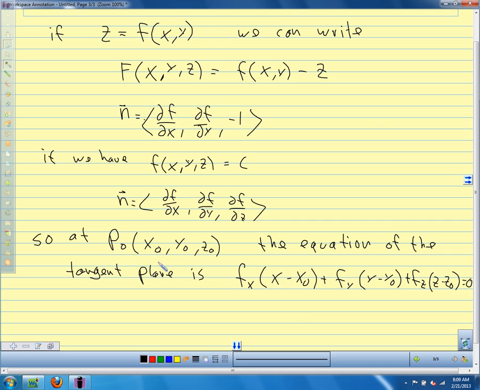So if we have a point, we can find our gradient, and we have the equation of our tangent plane. This is our standard equation of a plane.